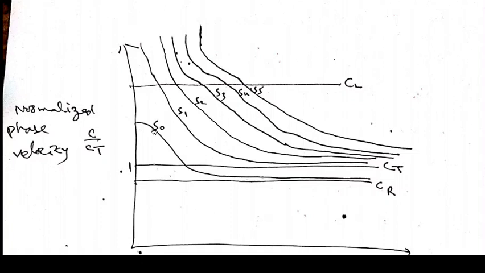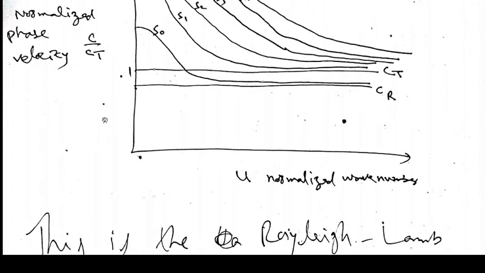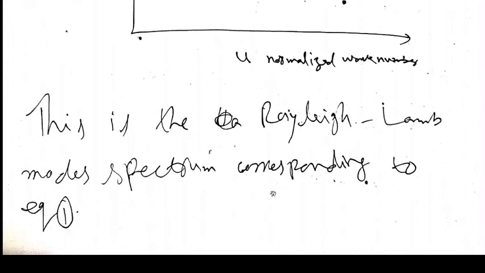S means symmetric mode, 0 means zeroth mode, then first, second, third, fourth, fifth modes. This S0 is sometimes called the lowest mode. Along the y-axis we have normalized phase velocity, and along the x-axis we have normalized wave number. And this is the Rayleigh mode spectrum corresponding to equation number 1.